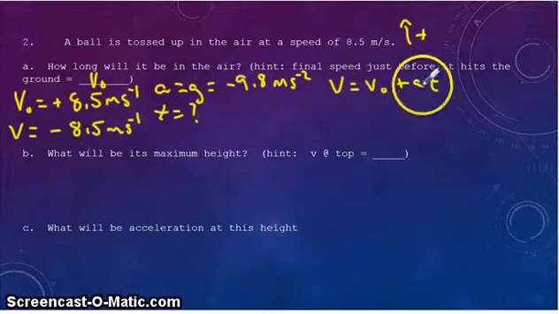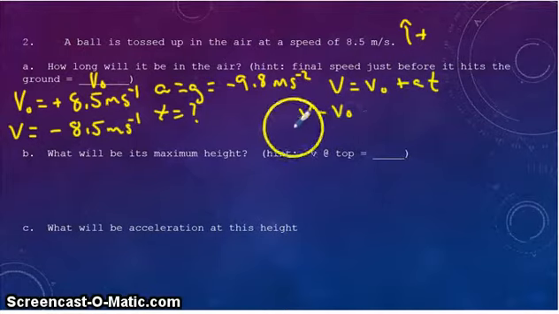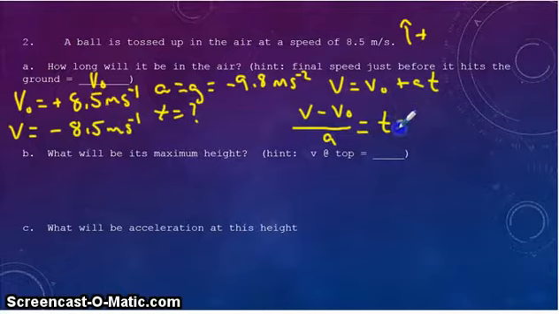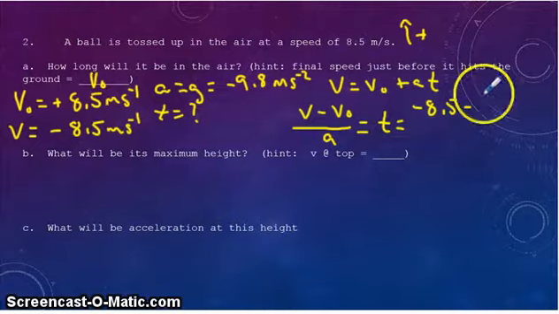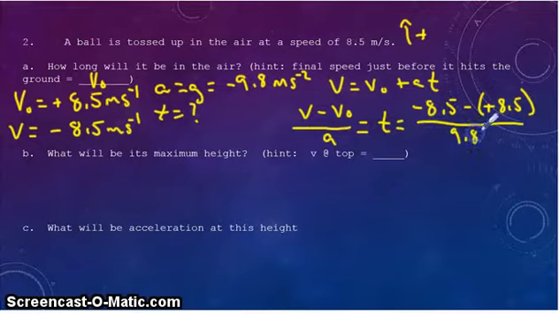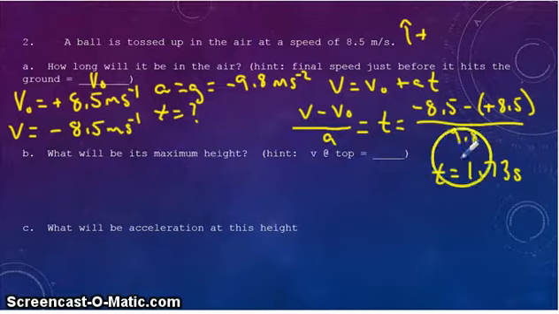Now I'm looking for time, so I'm going to subtract my v naught and then divide by a to get my time. So this is a negative 8.5 subtract a positive 8.5 divided by negative 9.8. That gets me a time of 1.73 seconds. And that's the total time in the air.